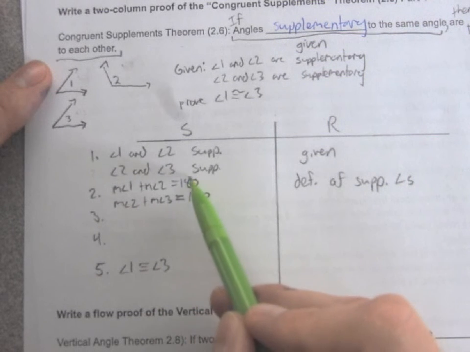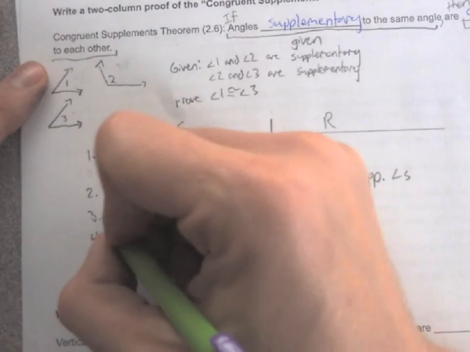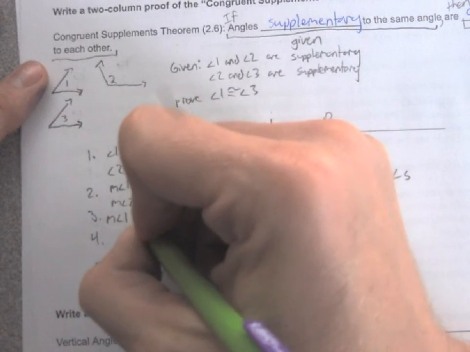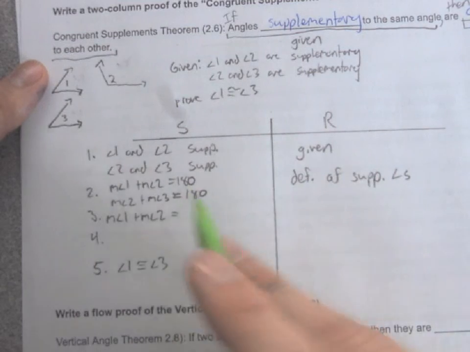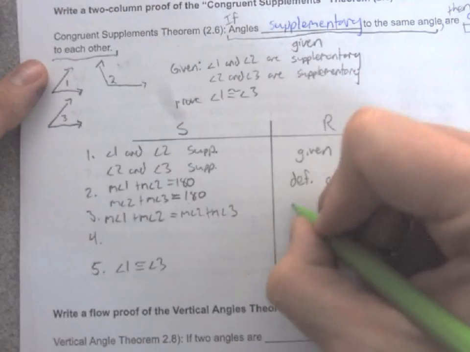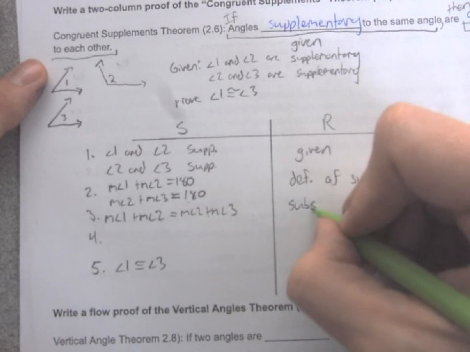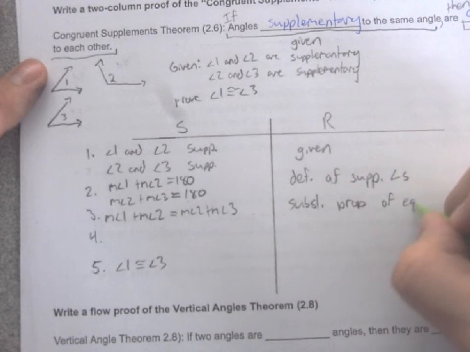In other words, we can replace this 180 with the measure of angle 2 plus the measure of angle 3, and that will give us the measure of angle 1 plus the measure of angle 2 equals, and again, instead of 180, we're going to replace that with the measure of angle 2 plus the measure of angle 3. And since we replace something with what it's equal to, that is the substitution property of equality.